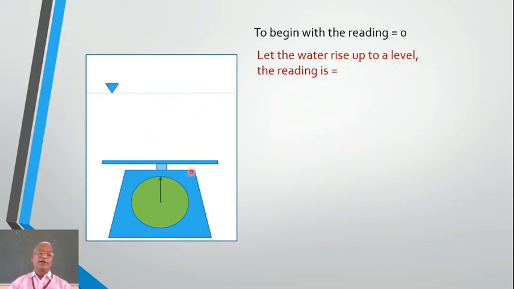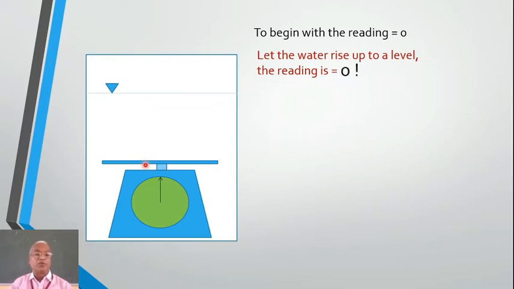Now what would be the reading? What is your opinion? Whether the reading goes more or less, or will it be staying at zero only? That is the question. You mentally register your answer, but the actual answer is zero.